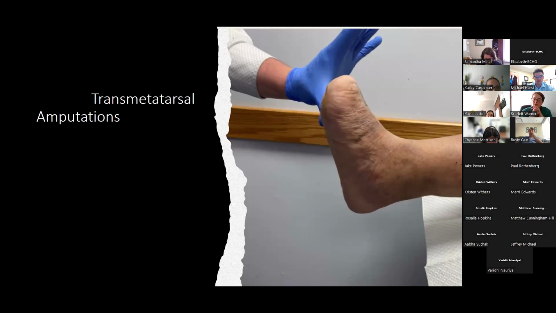Transmetatarsal amputations are a lot of times kind of the workhorse of amputations once you start moving a little bit more proximal there. My rule of thumb is, once we start losing several digits, I find functionally patients do a lot better just performing a transmetatarsal amputation.